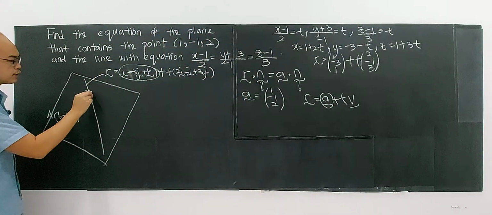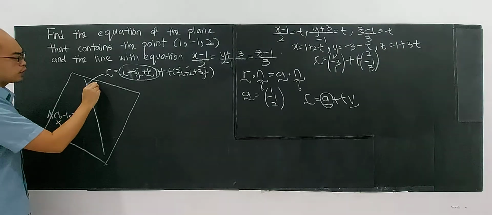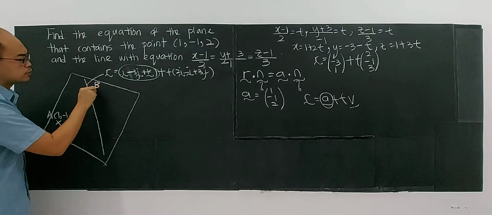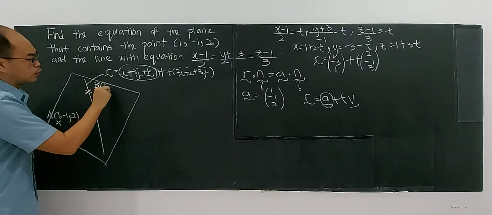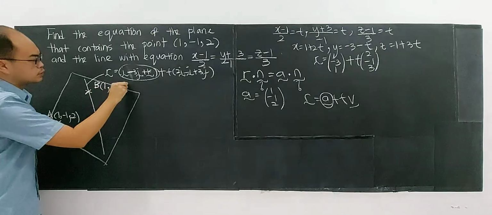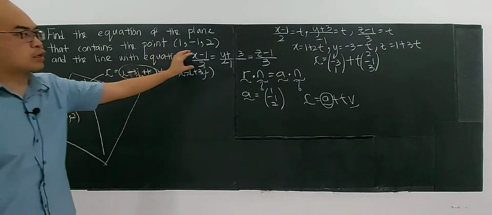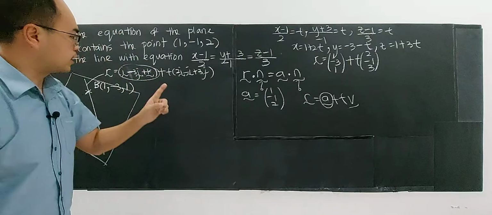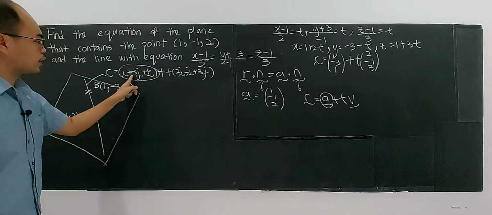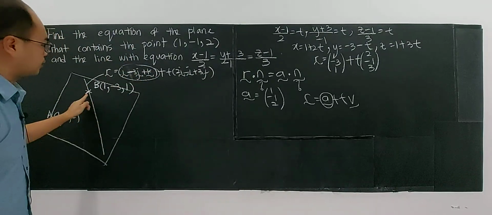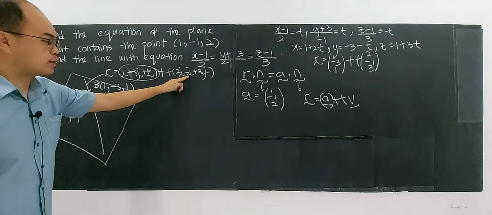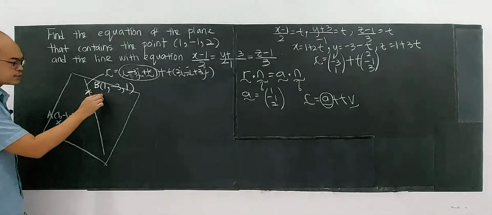So I can label this point B, which is 1, -3, 1. From this equation of the line, we can get the coordinates of a point on the line, and this is the direction of the line. So this line has a direction.